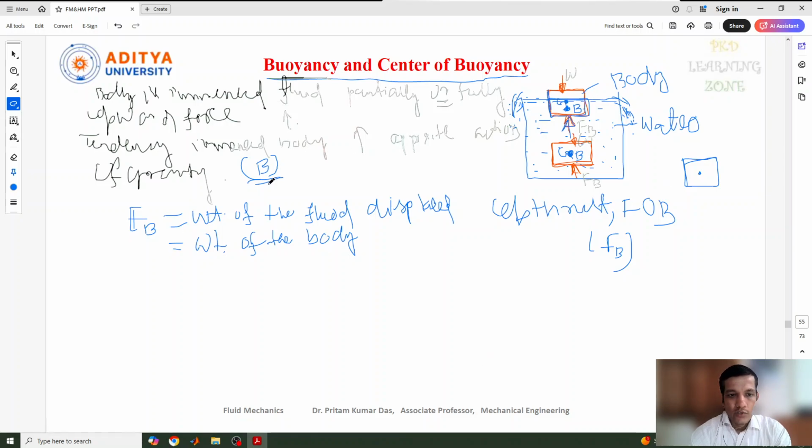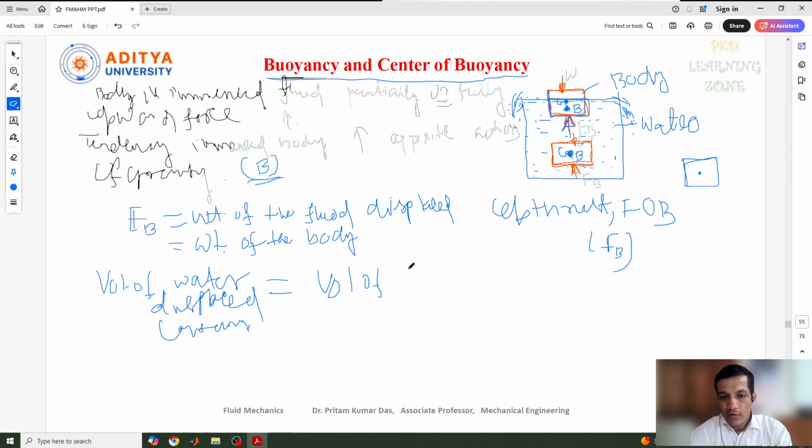Again, one more concept we got previously from the Archimedes principle, if you remember. The water which is displaced from this container due to this body, that means the volume of water displaced from this container is equal to the volume of the body or object which is present inside the fluid.